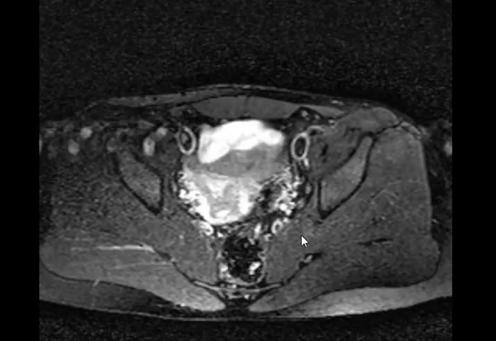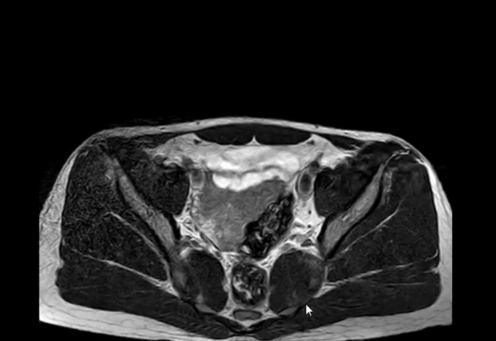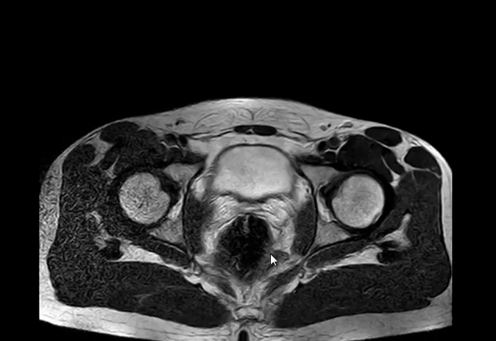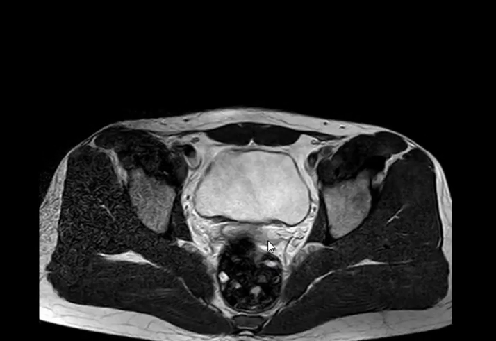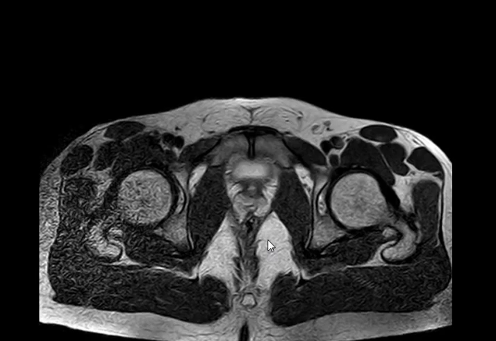So he's literally 2 in 1. I saw a seminal vesicle. There's no testicle because it's either atrophied or it's the ovaries that are atrophied.